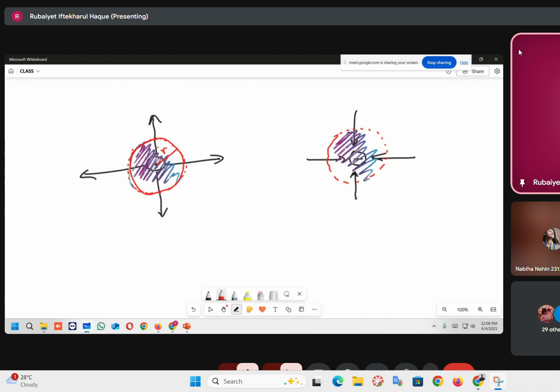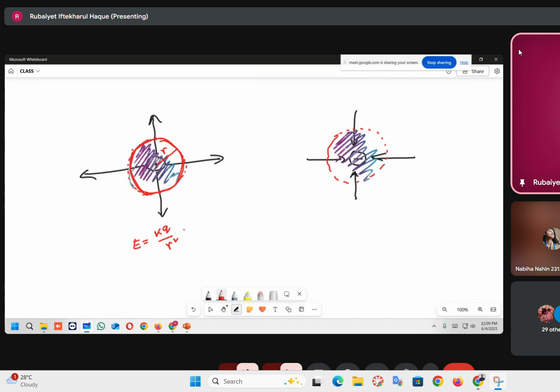So anywhere on this particular Gauss surface, you can figure out the electric field. The electric field on the Gauss surface will be E equals kQ, where Q is the charge, divided by r squared, the distance.